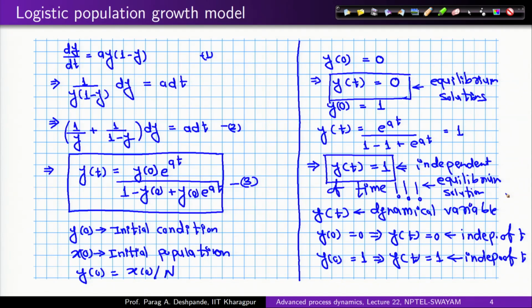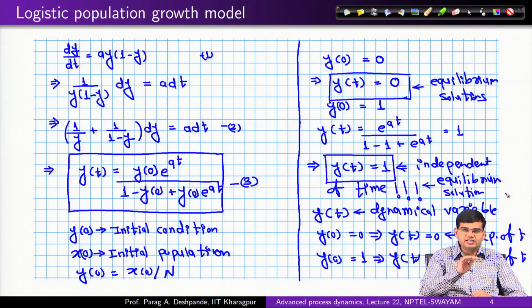But my system has equilibrium solutions, and not only that, there are two equilibrium solutions in my system. One is y is 0 and the other one is y is equal to 1.